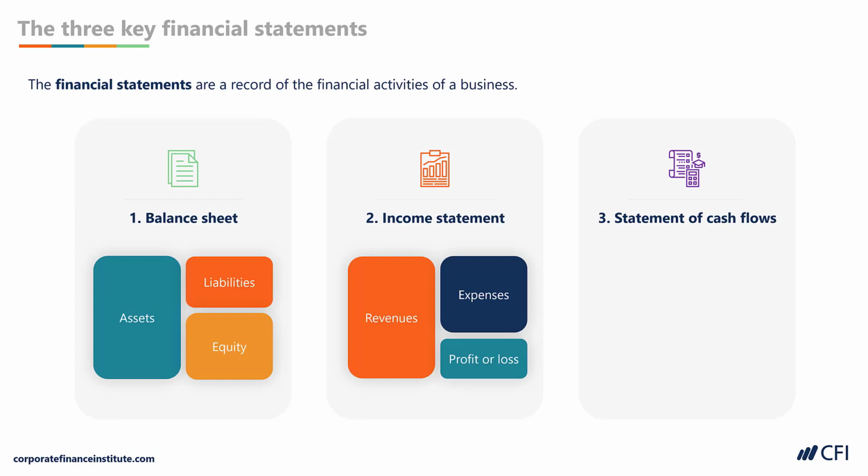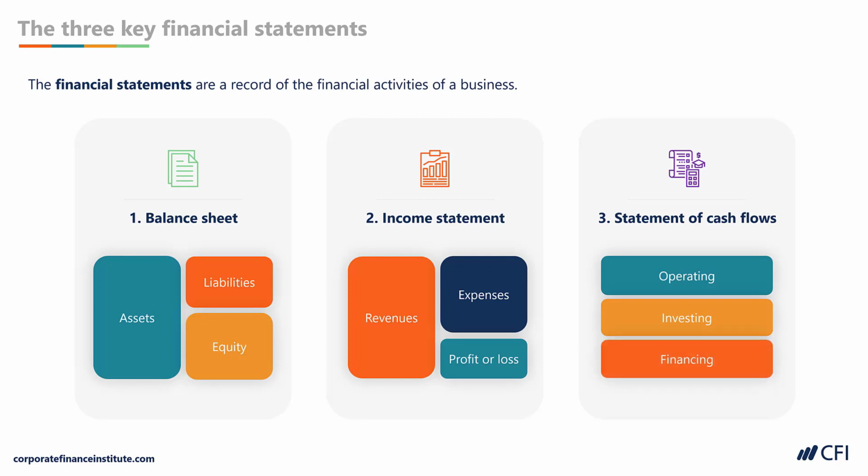It shows how much cash the company has brought in and how much it has paid out, organized into three categories: cash from operating activities, cash from investing activities, and cash from financing activities. Now, in this module, we're going to focus on the balance sheet in more detail.